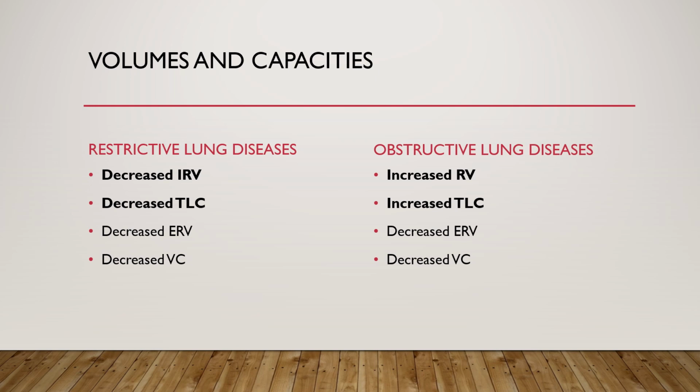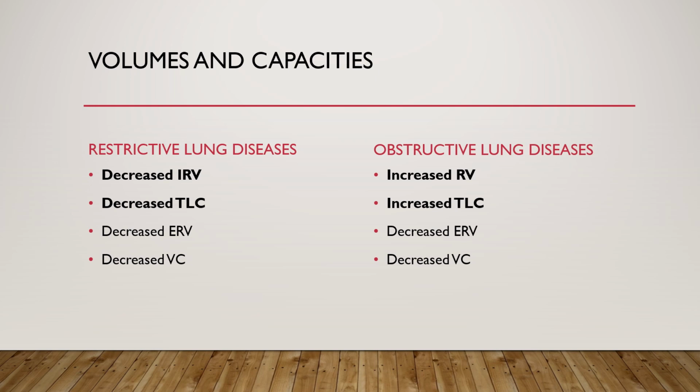And so if part of the lung has been removed, then obviously the total lung capacity is going to be reduced. And so we'll also see a decreased expiratory reserve volume and a decreased vital capacity. But that's going to be consistent regardless of what type of lung disease we're looking at.